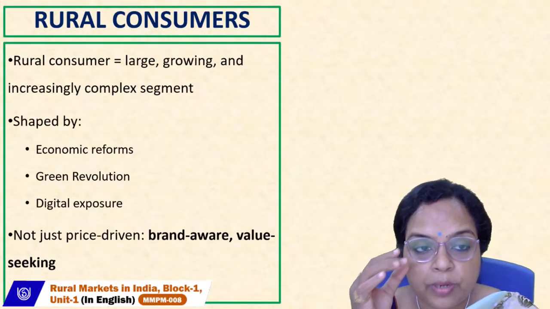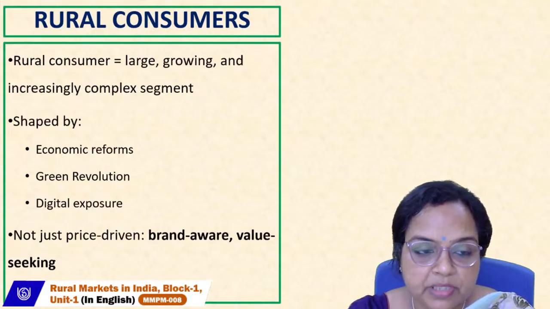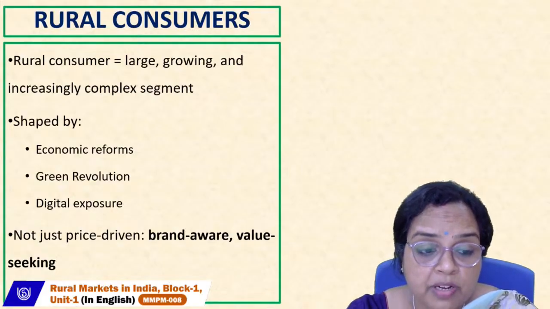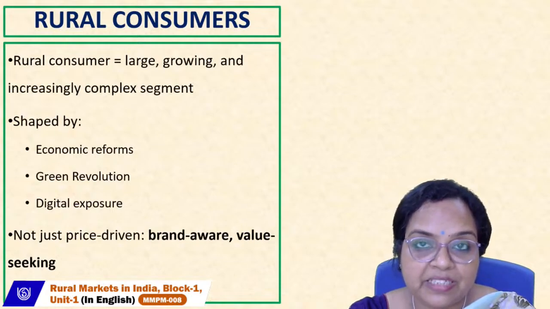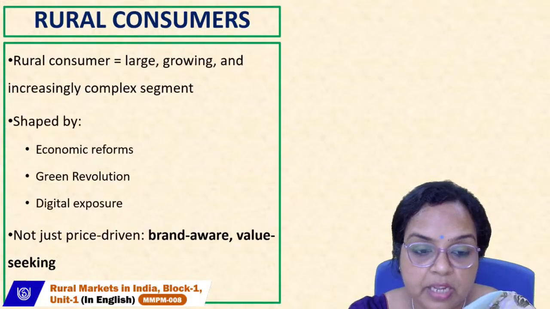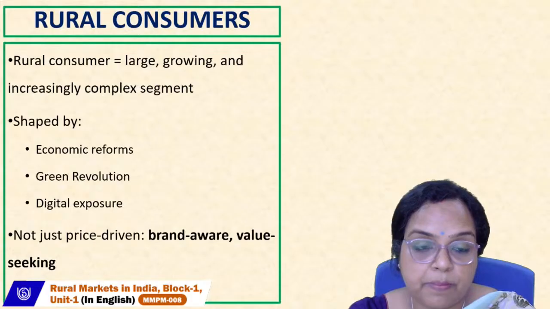It is shaped by economic reforms, the green revolution, and digital exposure. So the marketer has to think the rural belt is not motivated only by price. They are slowly getting brand aware and they are looking for value in a product.